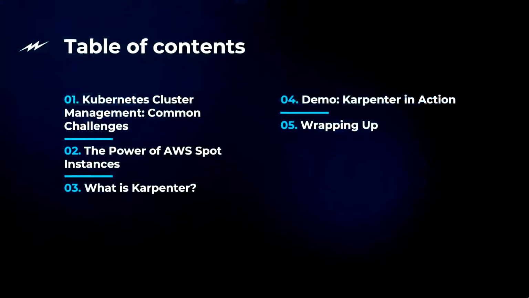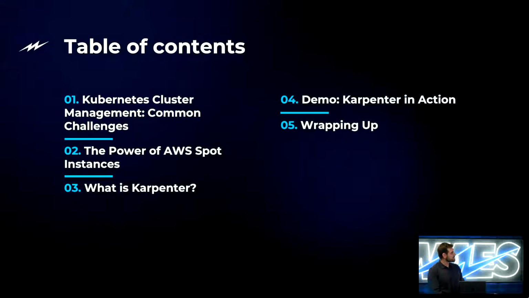So let me start by presenting the agenda for today. These are some topics we're going to discuss and how it's structured. I'm going to start by talking about common challenges in Kubernetes cluster management. And then I'm going to explain what AWS spot instances are and why they're relevant.